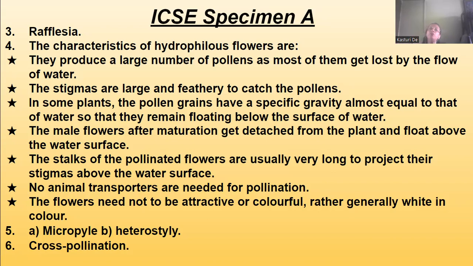Here, no animal transporters are required for pollination. The flowers need not be attractive or colorful because no animal agents are required for pollination. Generally, they are white in color.